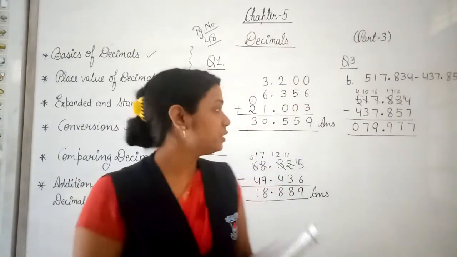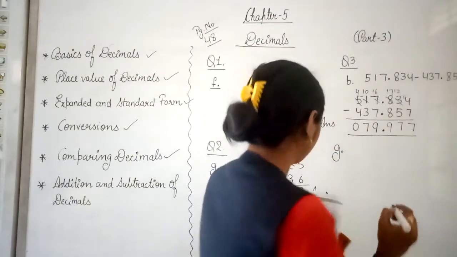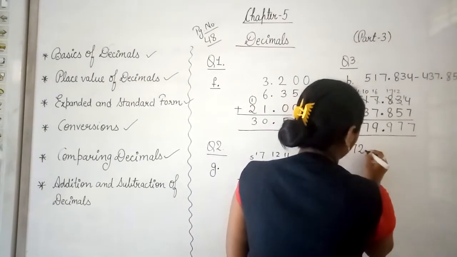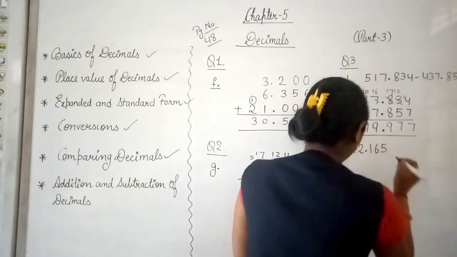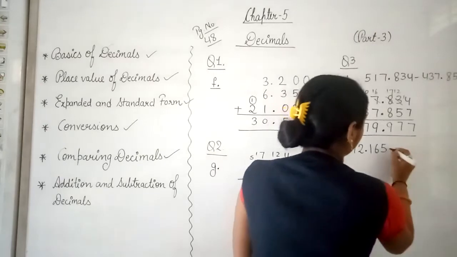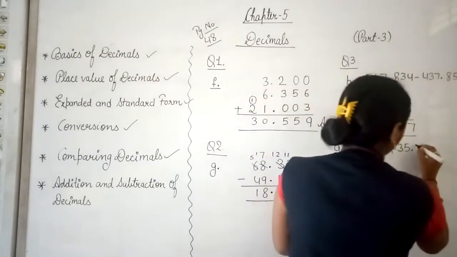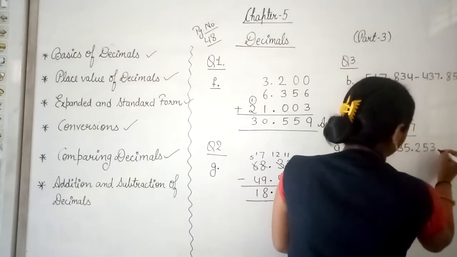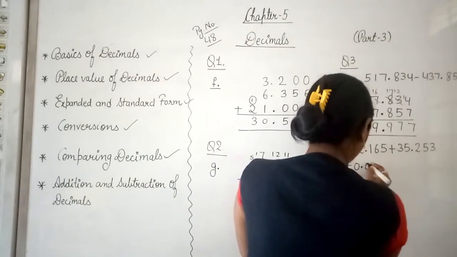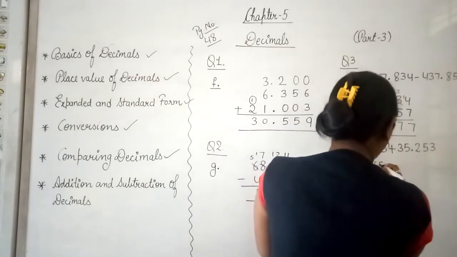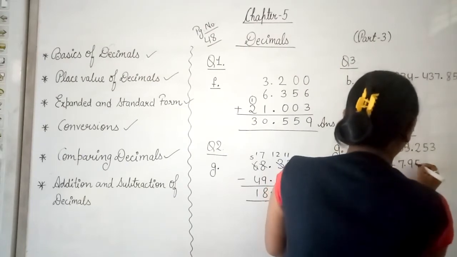Now let us discuss the C part of it. The number is 72.165 plus 35.253 plus, I am writing over here, plus 0.065 plus 7.95.